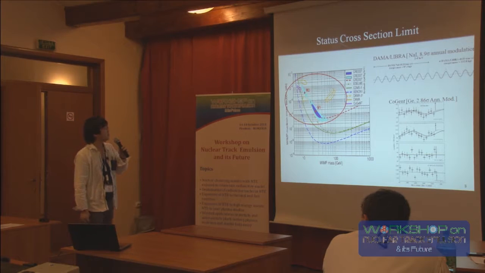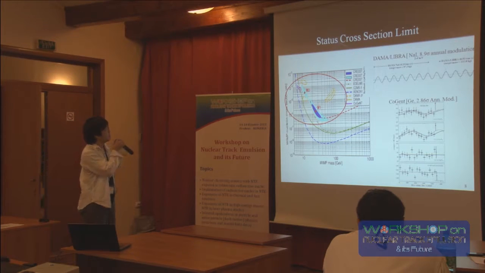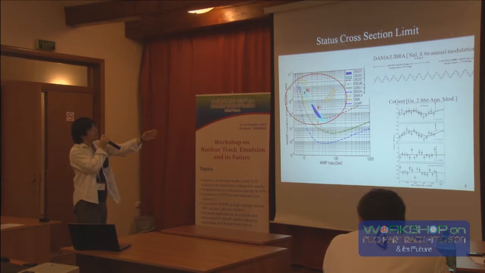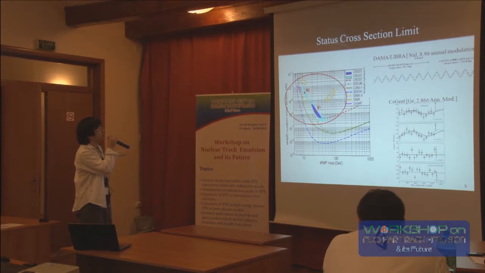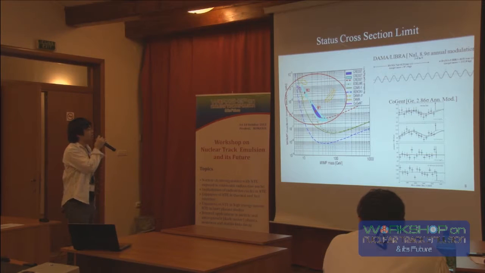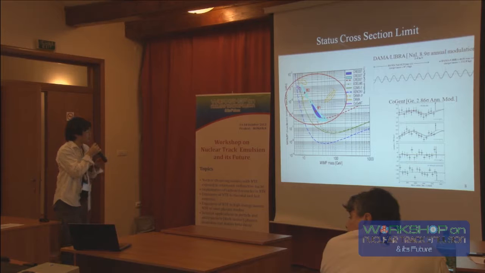Some experiments already say that they found the annual modulation. The upper right figure shows the DAMA result. It is very clear that annual modulation is observed. Another experiment called CoGeNT also said that they found annual modulation, which is consistent with the modulation of DAMA and the rotation of the Earth.